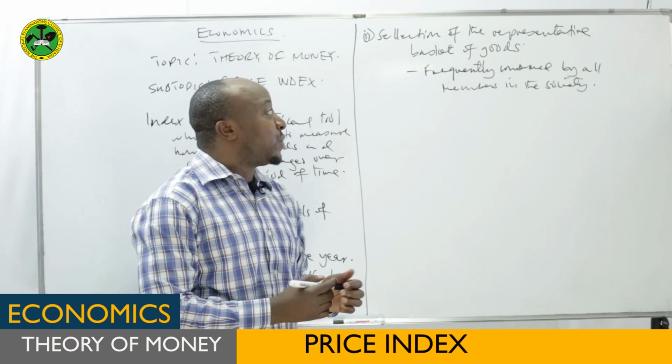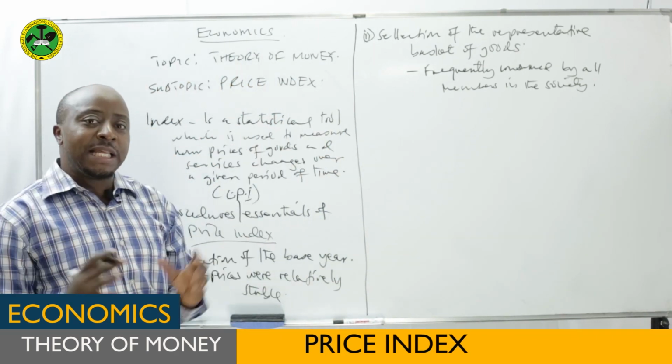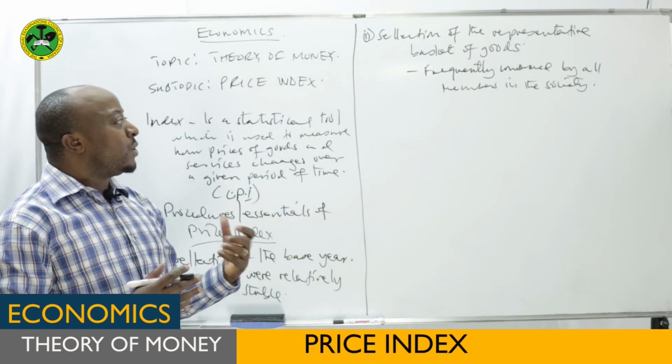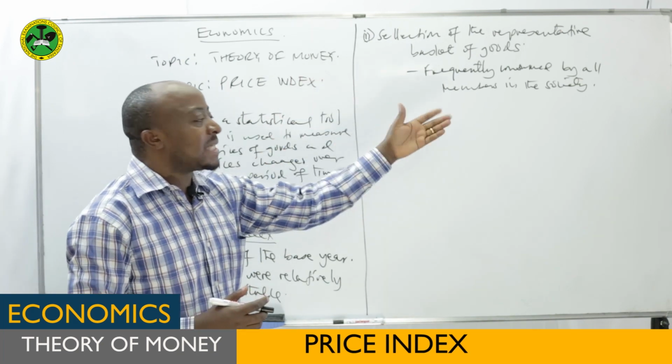But when you choose this representative basket of goods, there are so many goods and so many services in the economy. But we choose those goods which are at least frequently consumed by all members in the society.